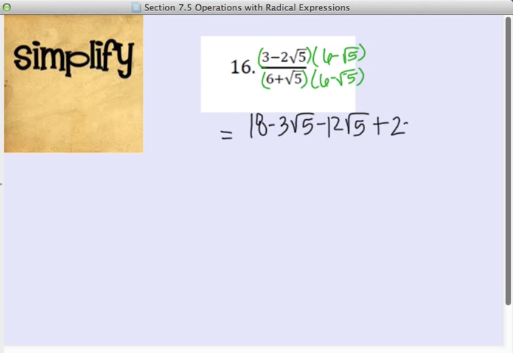Plus 2 times square root of 25 all over. And I'm going to FOIL the denominator this time, just so that in case you didn't catch how to do the other trick, you can see it. So I would have 36, if you don't understand the trick, minus 6 square root of 5.